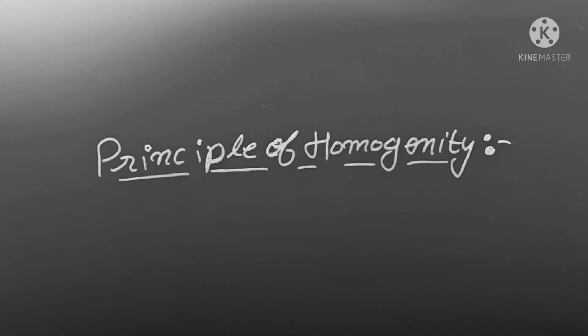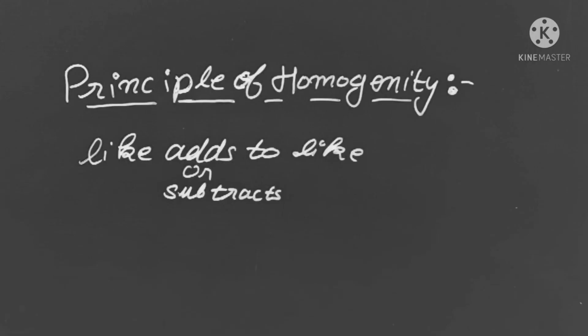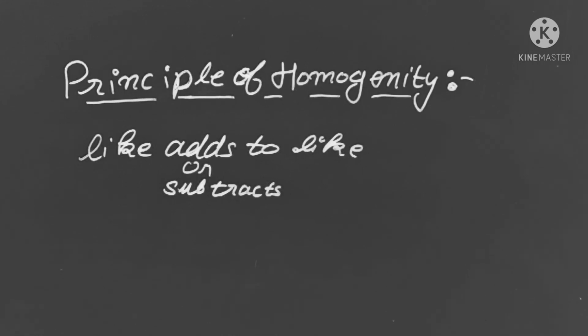Before jumping to the next type of question, we have to know the meaning of principle of homogeneity. In simple language, the principle of homogeneity states that like adds or subtracts to like. This principle will get clearer if we do a question from the second type of problem.